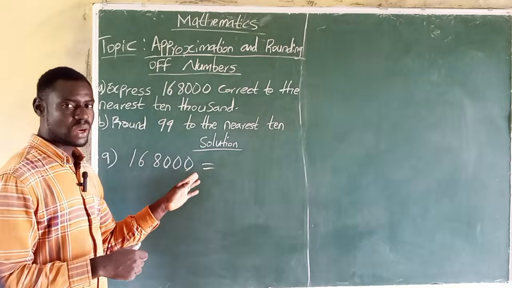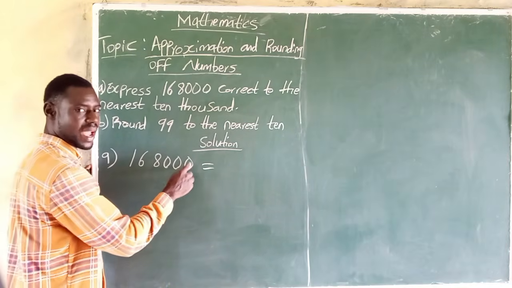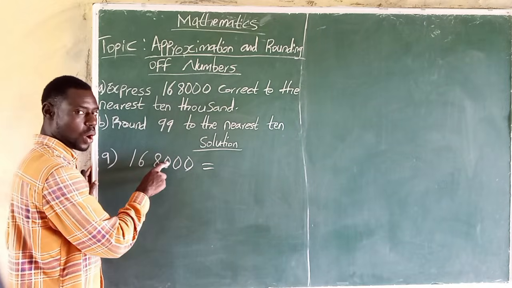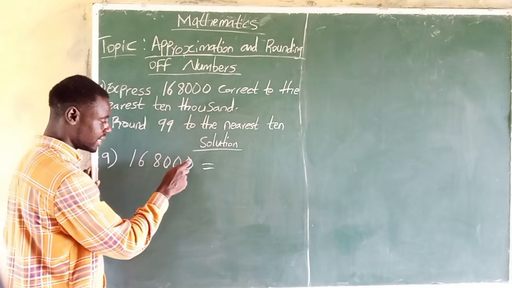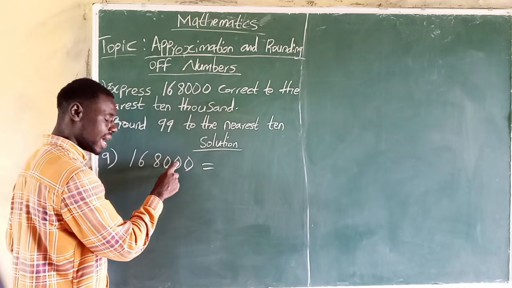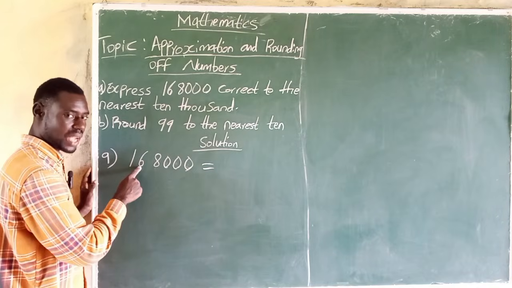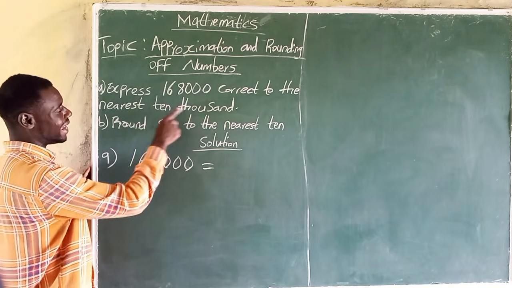What is the place value of all these digits? If you come here, this first 0 is units, then tens, then hundreds. This is thousands, this is tens of thousands, and hundreds of thousands. So they want us to place it in 10,000.